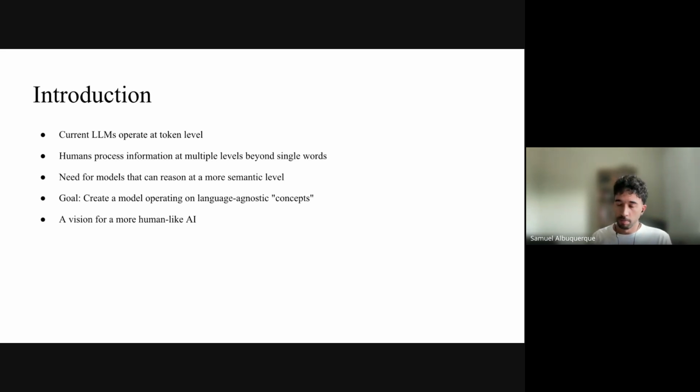But what they argue in the paper is that humans process information at multiple levels beyond single words. When we are making a thought or trying to arrange some thinking, we don't plan every word that we are going to say. Usually our planning follows more of a hierarchical structure.